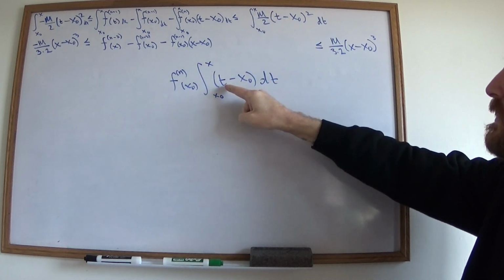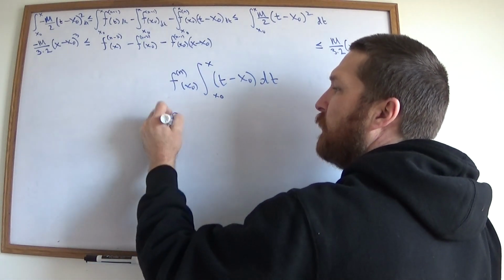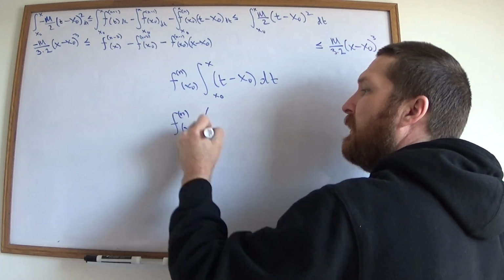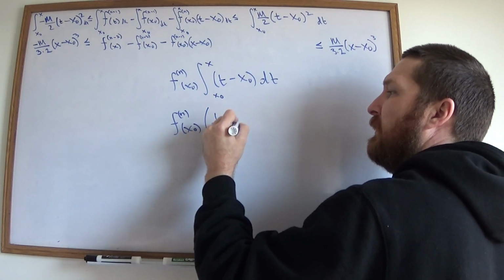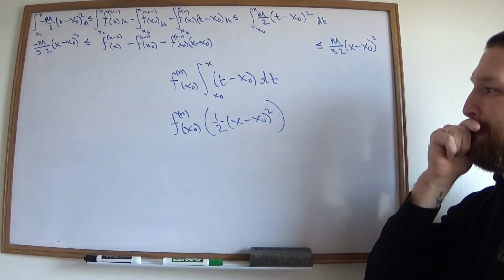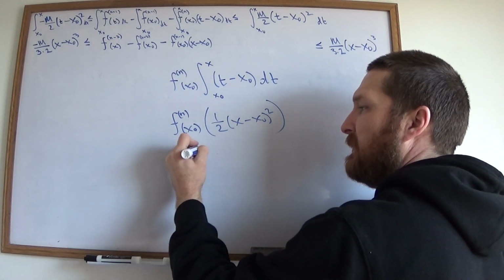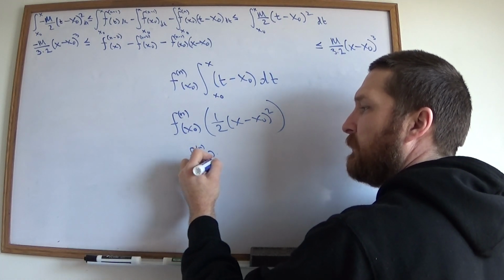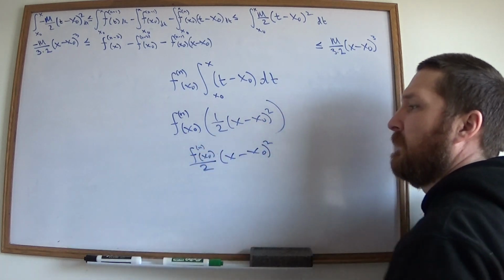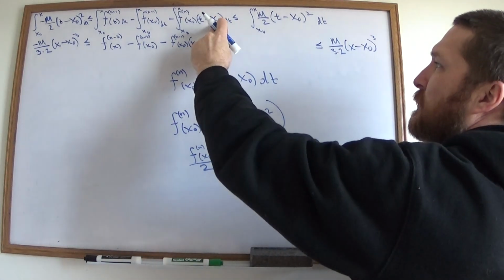Plug in an x, you get an x. Plug in an x0, goes away, and so we end up with the nth derivative at x0 times 1/2 (x minus x0) squared, like that. So I could clean that up a little bit. I'm going to write that as the nth derivative evaluated at x0 over 2 times (x minus x0) squared, like that. That's what that works out to.